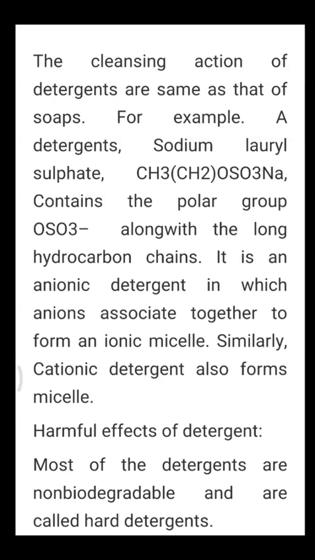And such detergents are called hard detergents. Whereas the detergents which can be decomposed by the bacteria are called soft detergents. And the examples of soft detergents are sodium lauryl sulfate and sodium N-dodecyl benzene sulfonate.